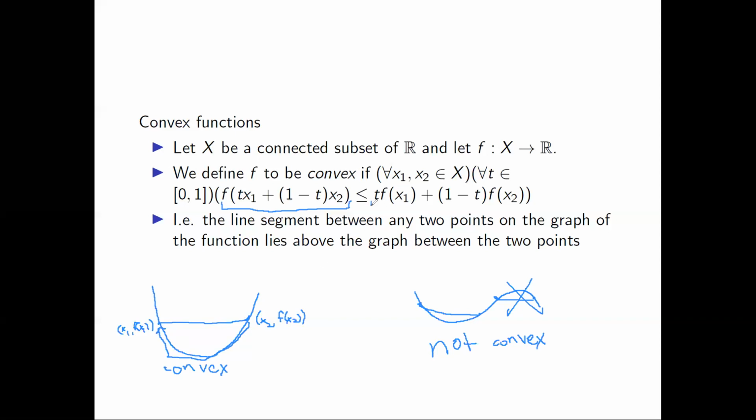The right side, as t goes from 0 to 1, goes from here to here.